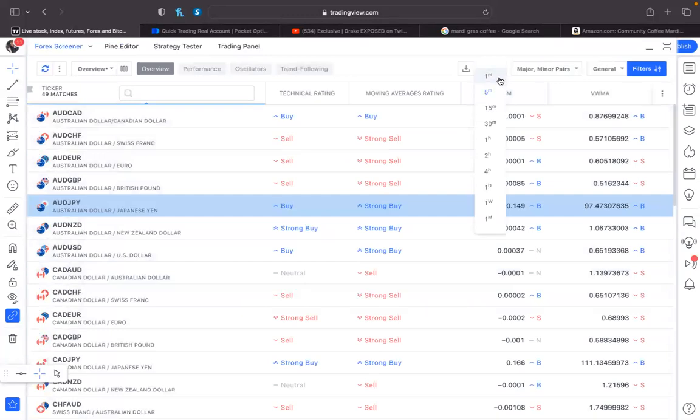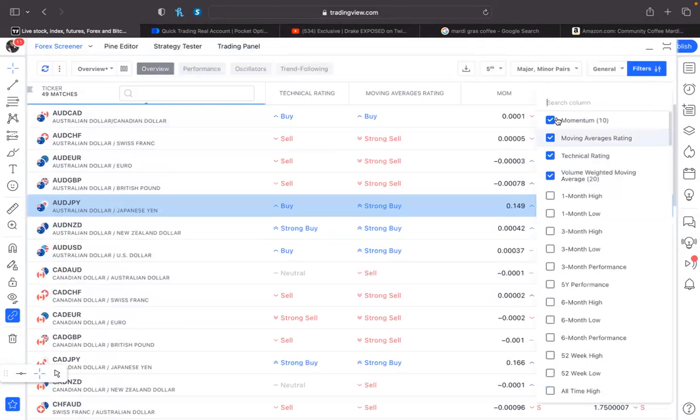The screener goes from 1 minute up to 1 month. I primarily use the 5 minute because the traditional market moves a lot slower than the OTC market. So, the first thing is, your settings will not look like this. I immediately changed my settings.